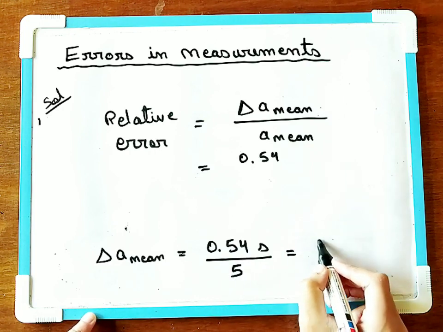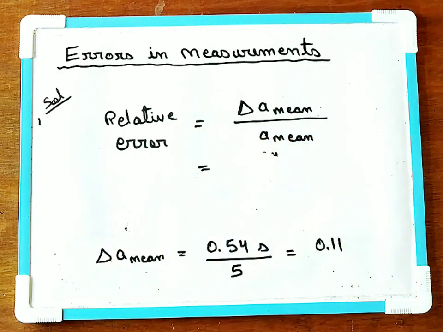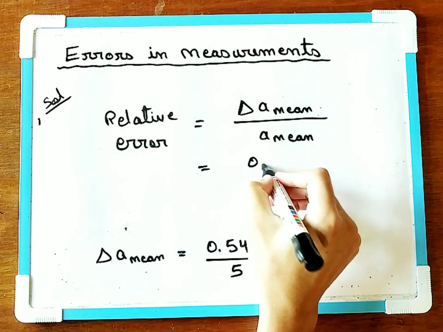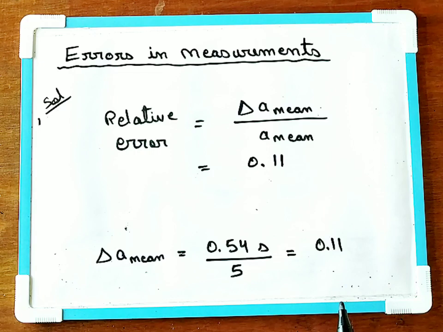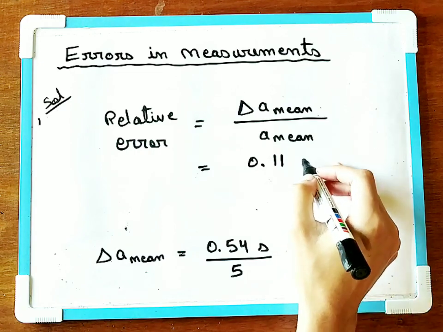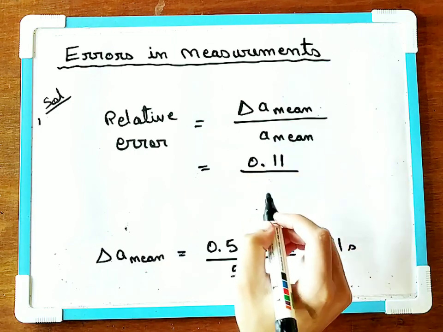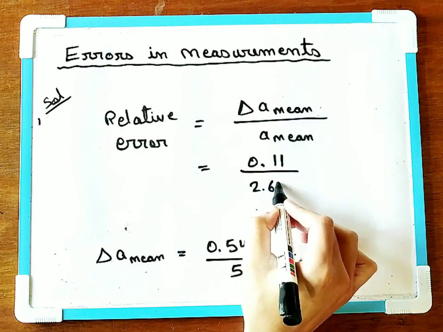So what you'll get is 0.11. So here the mean will be 0.11 second, and the true value is 2.62.